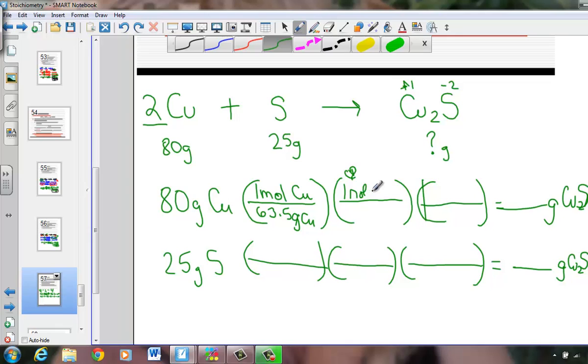Remember, we want the product, Cu2S, so its coefficient goes on top. 1 mole of Cu2S requires 2 moles of copper. So my stoichiometric ratio, a 1 over 2. I have to do a molar mass for Cu2S: 63.5 times 2 for the 2 coppers, plus 32 for the sulfur, and I get a molar mass of 159 grams, the mass of 1 mole of Cu2S.